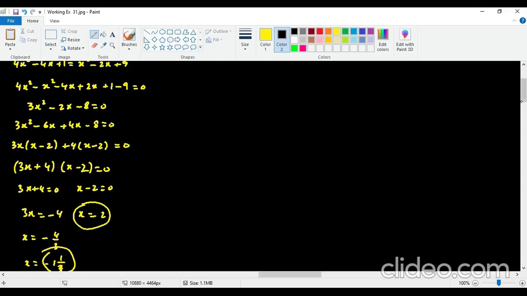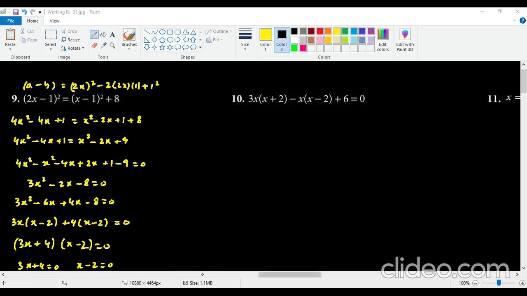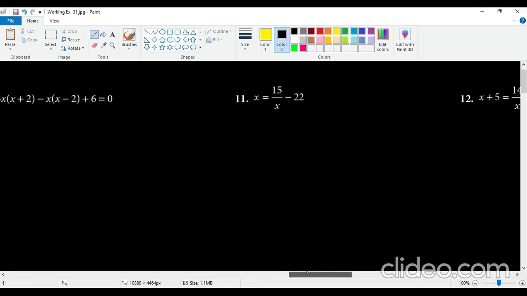Then comes question number 10. In question number 10, as you can see in here, we are going to expand the brackets first.